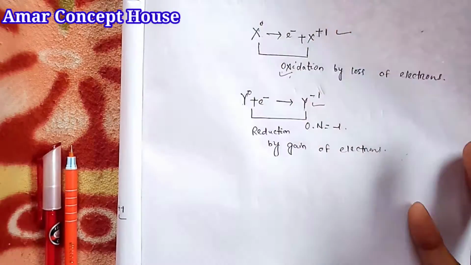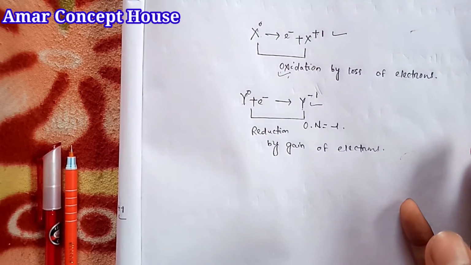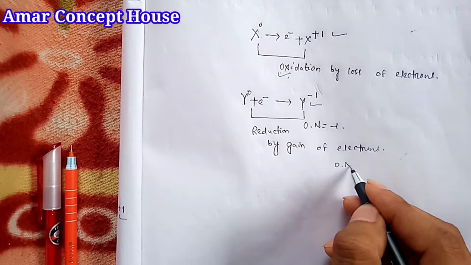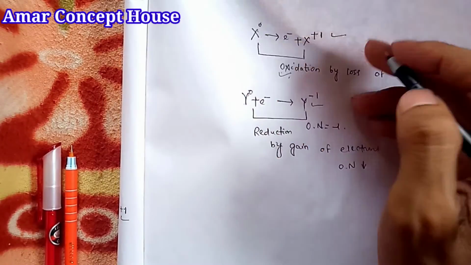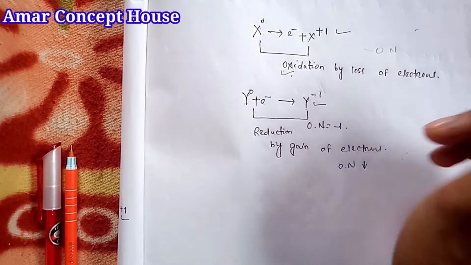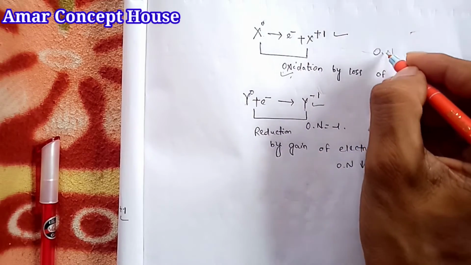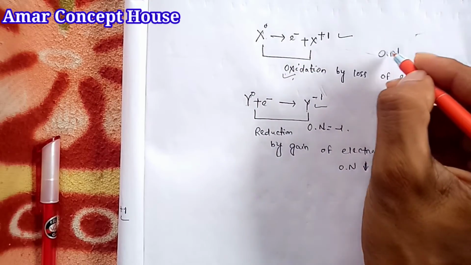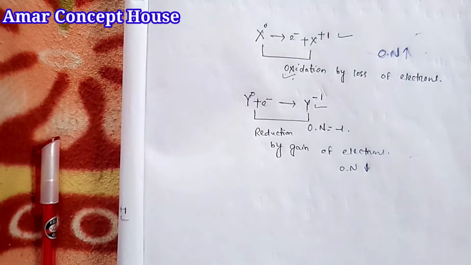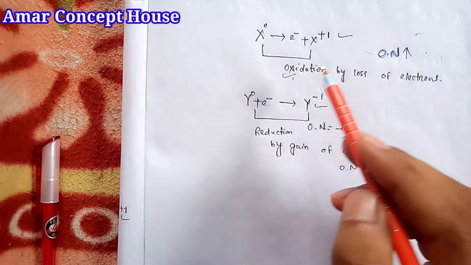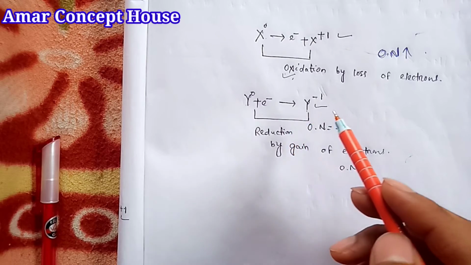That means the oxidation number decreases in reduction, and in oxidation the oxidation number increases. Understood? This is the basic thing about oxidation and reduction.